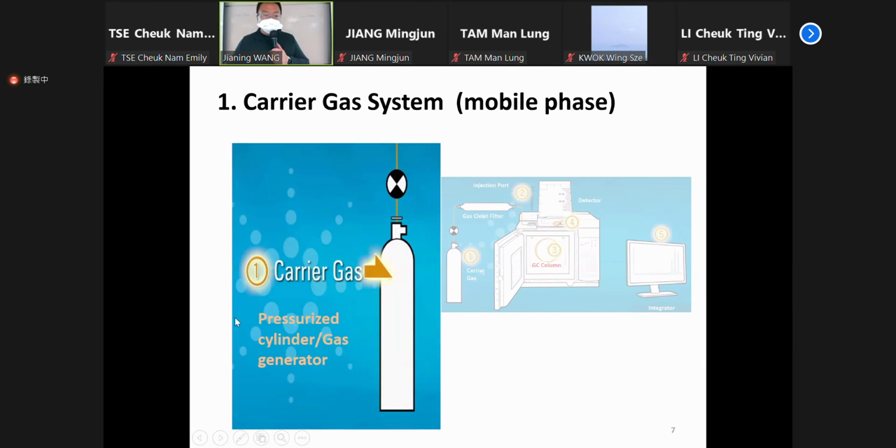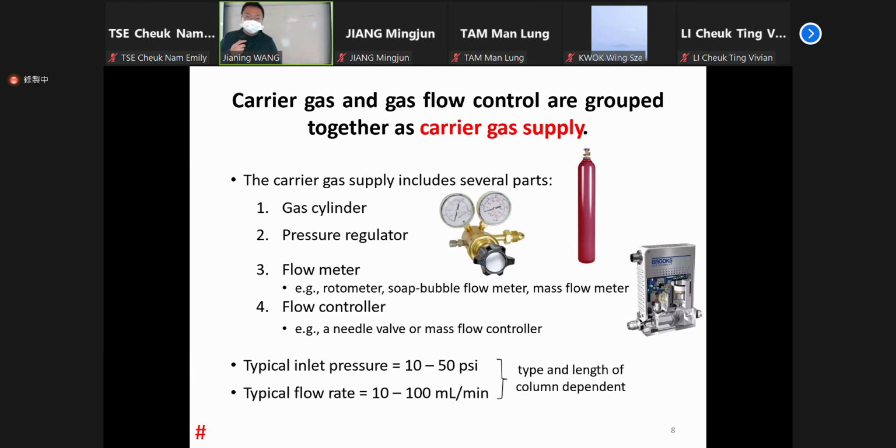Okay, the first part, the carrier gas. So in a GC system, we call the mobile phase the carrier gas. So this is the instrument for the carrier gas supply.